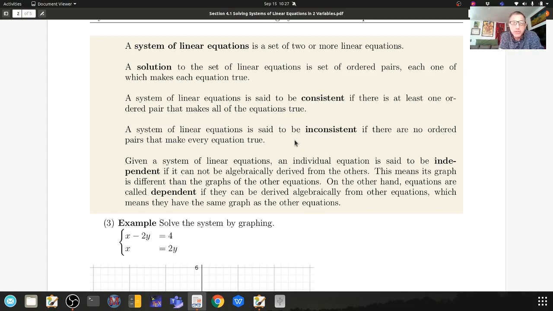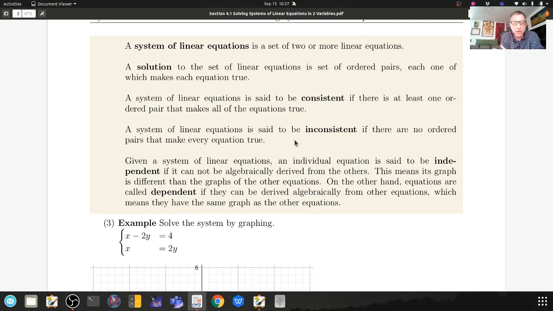So a solution to the set of linear equations, our set is only going to contain 2, is a set of ordered pairs, each one of which makes each equation true. So if you think about it, a solution to the set of linear equations is a relation, because a set of ordered pairs is a relation. But they don't use that vocabulary here.